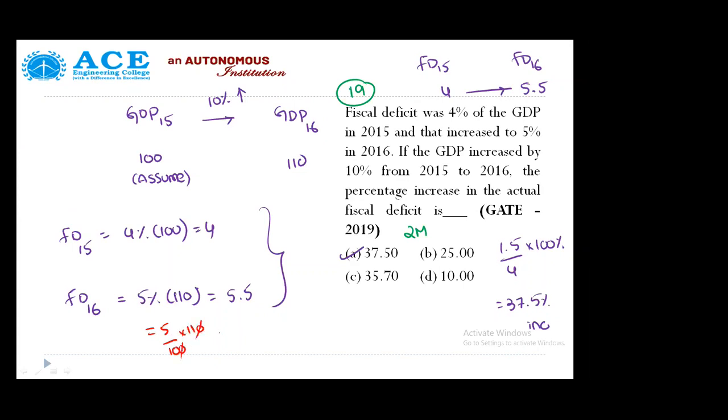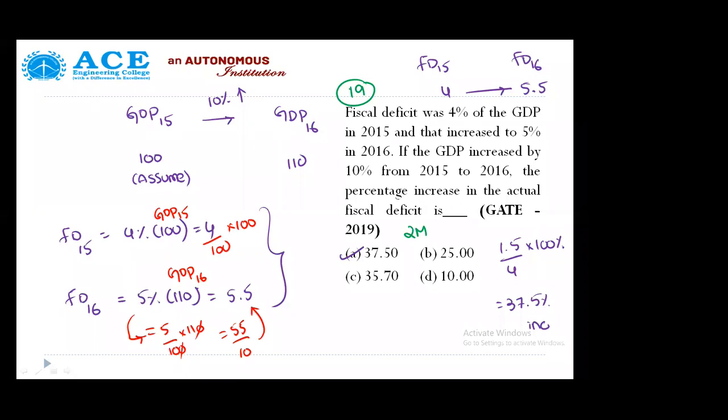It's 55 by 10. They mention 5% of GDP. This is 4% of GDP. I am not getting that 4% of 100 is equal to 4. 4% means 4 divided by 100.